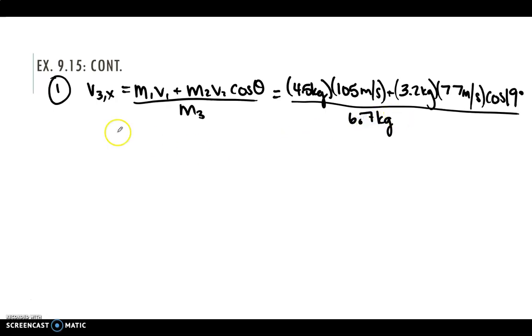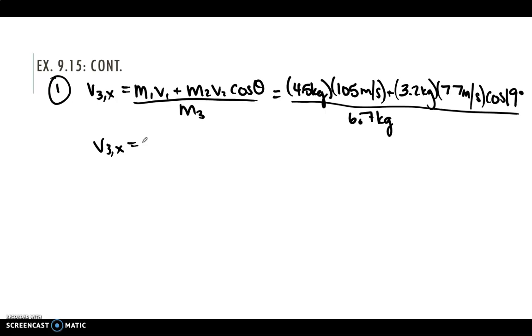So we can plug that into our calculators: 4.5 times 105 plus 3.2 times 77 times cosine of 19 divided by 6.7.